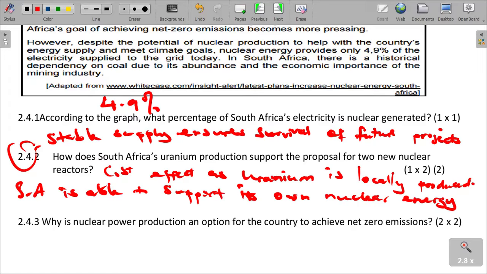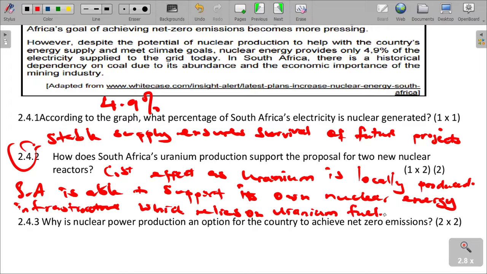So it is able to support its own nuclear energy infrastructure, which relies on uranium fuel in order to generate electricity.